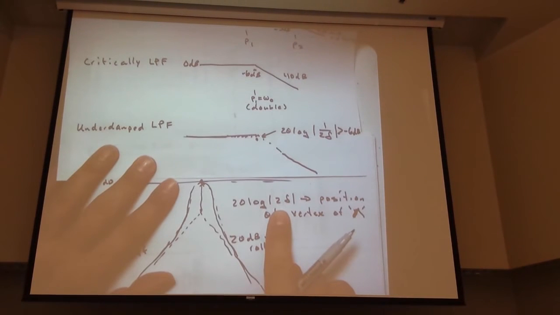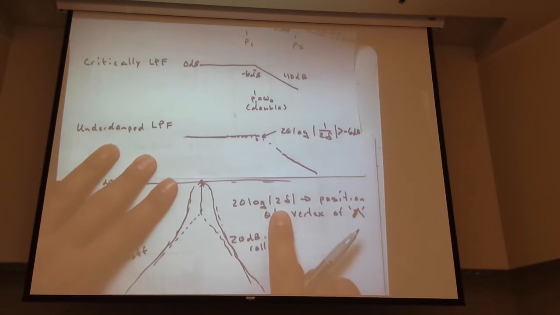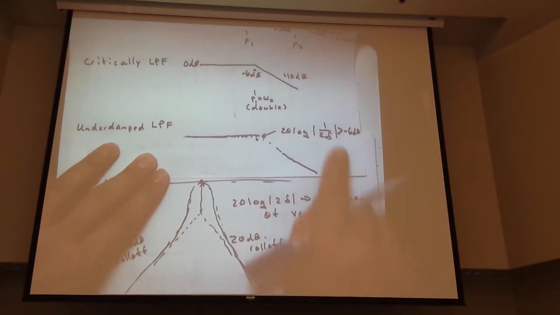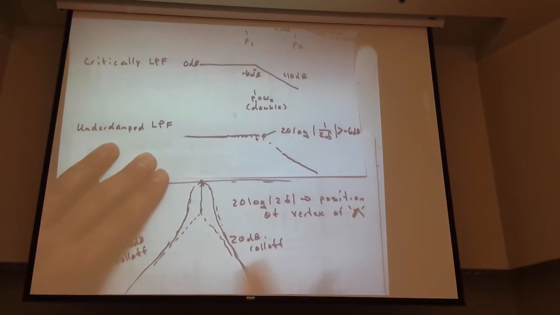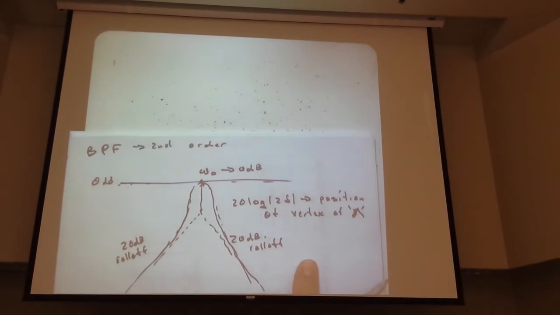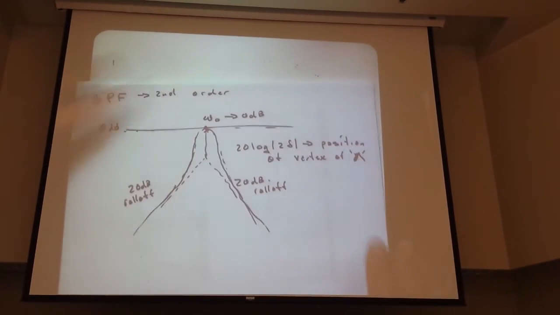What's the difference between these two? One's negative. So this gives you the position of the vertex relative to 0 dB. But magnitude-wise, these are the same values. So in both cases, I'm giving you the position.